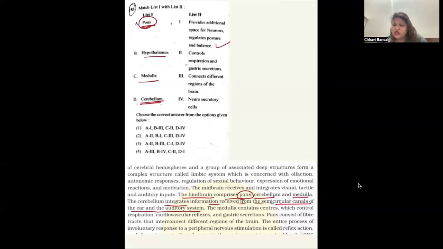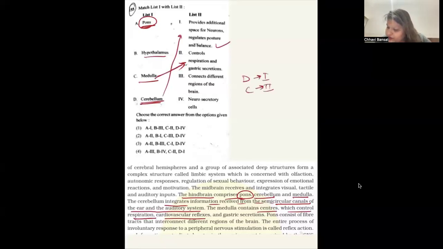So cerebellum also connects the posture and it provides the balance as well. If you remember the NEET chapter, you would see there the balancing was basically done by the cerebellum, right? The medulla contains centers which control respiration and cardiovascular reflexes. So for medulla, it's respiration and cardiovascular reflexes, means for C, it is 2. So now for D, it is 1, and for C, it is 2.